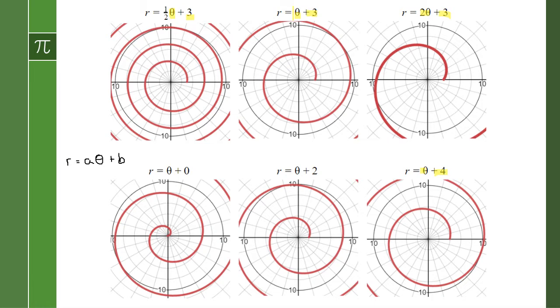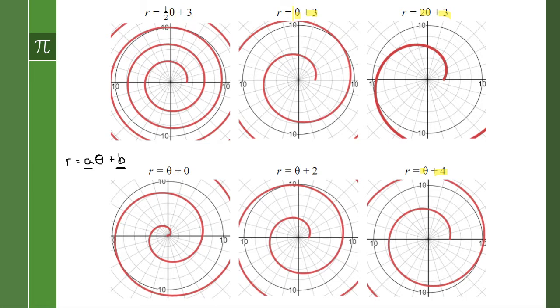And so we want to know what is the effect or the outcome of each of these two different constants. As I change the coefficient on theta, what happens to my graph? As I change the b value, the constant added on at the end, what happens to my graph? So let's look at these first 3 examples off the top.